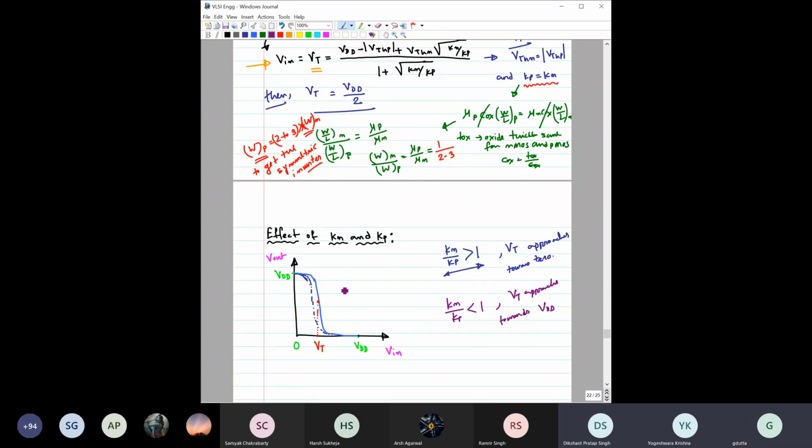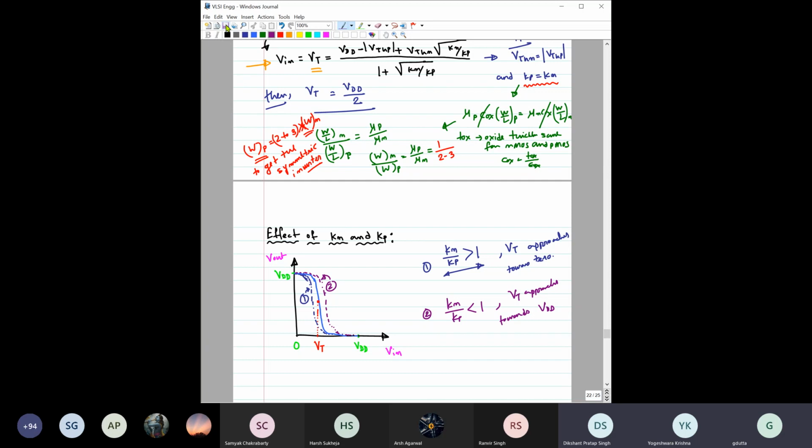So it will shift in this side. Fine. I hope you have understood from this equation why this is happening.